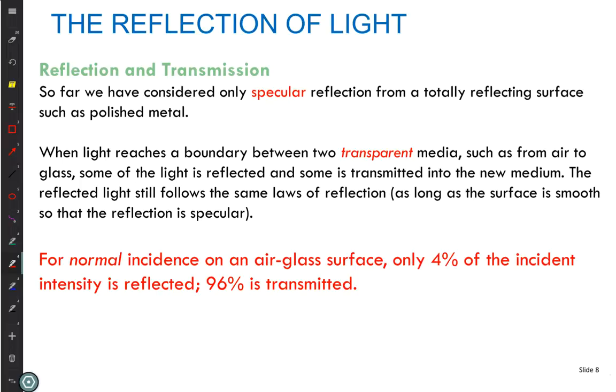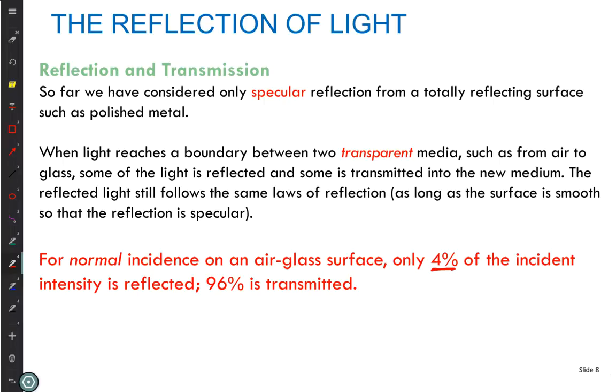If I have light hit glass, normally we think, well, light goes through glass, right? But if you pay attention, if you wear glasses, for instance, you notice that light also reflects off of the glasses. It's about 4% of the incident light that will reflect off of a piece of glass, and about 96% goes through.